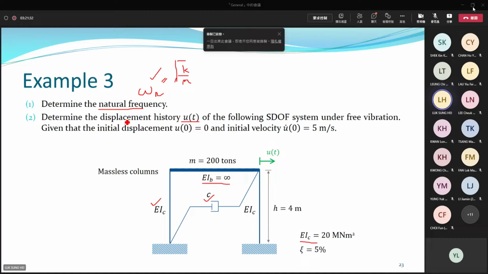Second one, displacement history. Displacement history for this single degree of freedom system under free vibration. If you see these two terms, then you should feel happy because you have the solution. The one that I showed you before, depends on which form you would like to use. They are the alternative form, or you can use the standard form with sine and cosine.